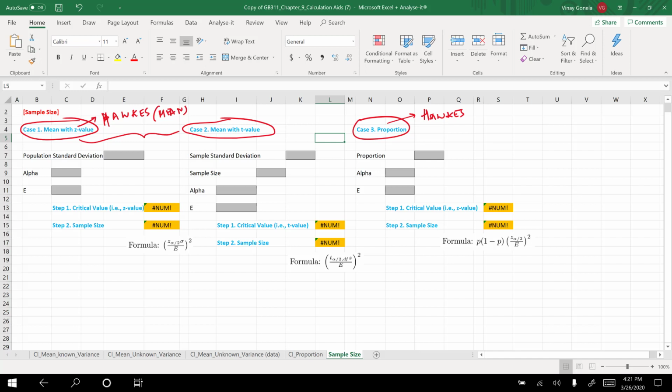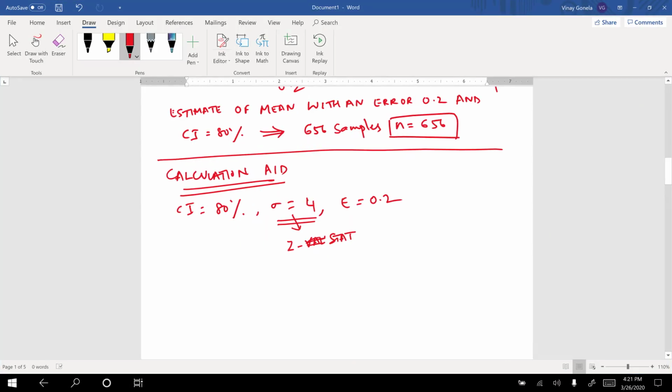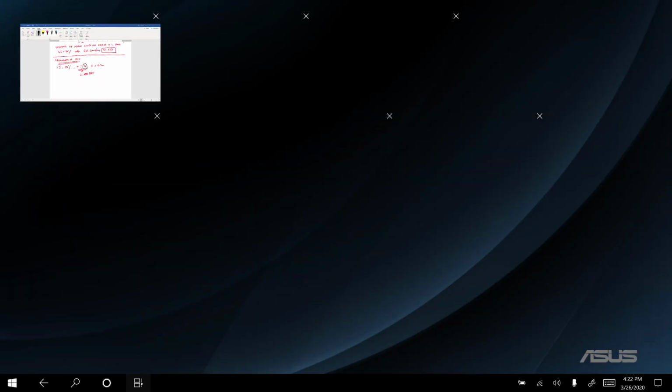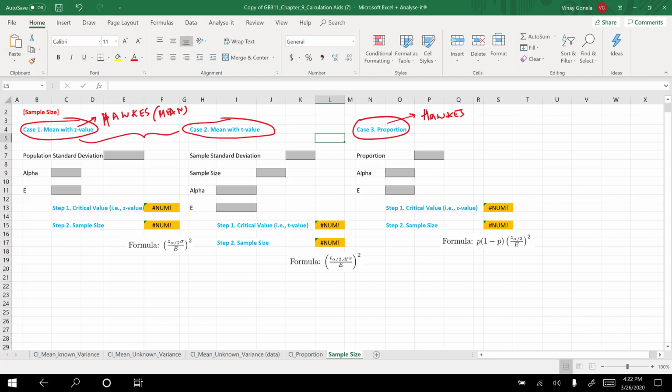Population standard deviation, that is sigma. In our question, the population standard deviation is 4. So I'll type in 4 in population standard deviation.